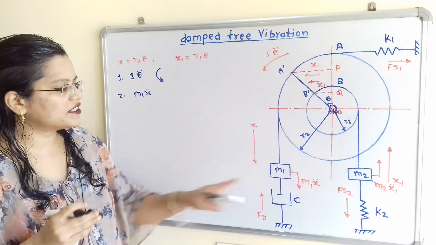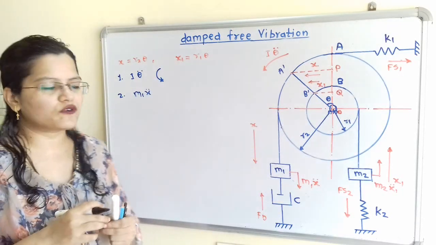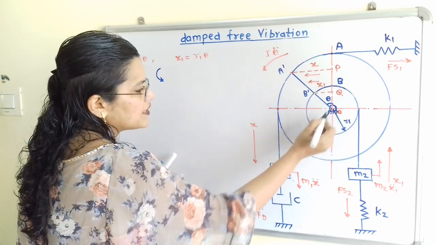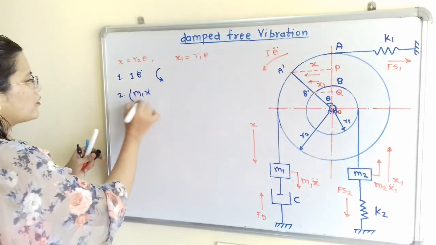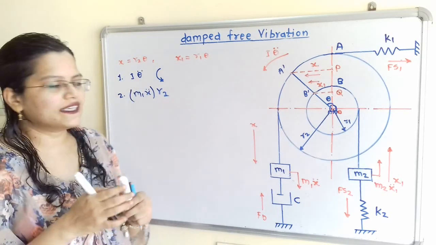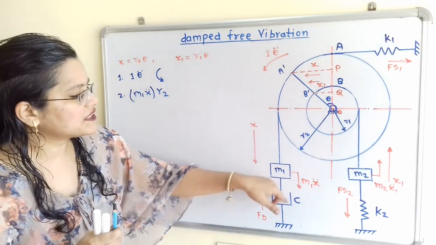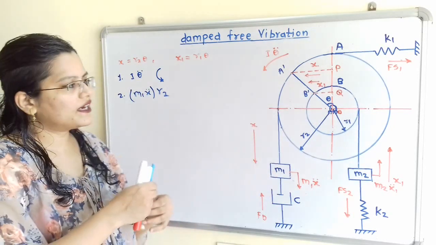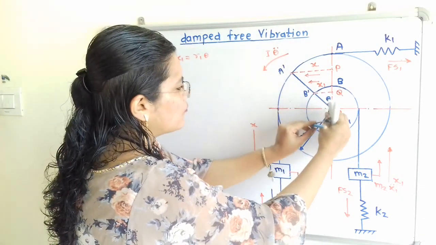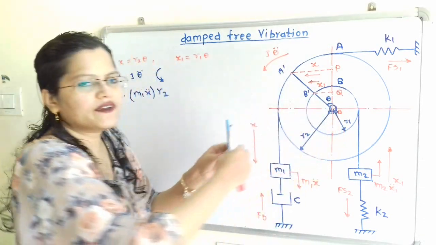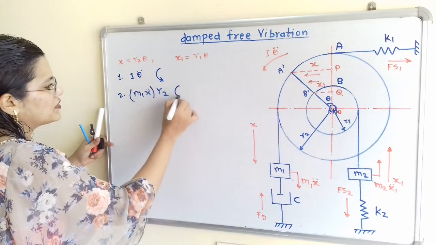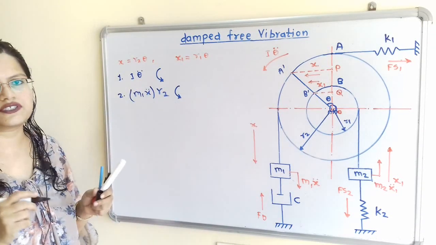So couple is this force multiplied by perpendicular distance. So perpendicular distance from point O is equal to R2. So this force multiplied by R2 will give us the couple. Now how to decide its direction? So this force is having downward direction. So I will move the compass about the point O in the downward direction. So if I move, then we will get the anti-clockwise direction. So I will show here, this is the anti-clockwise direction.